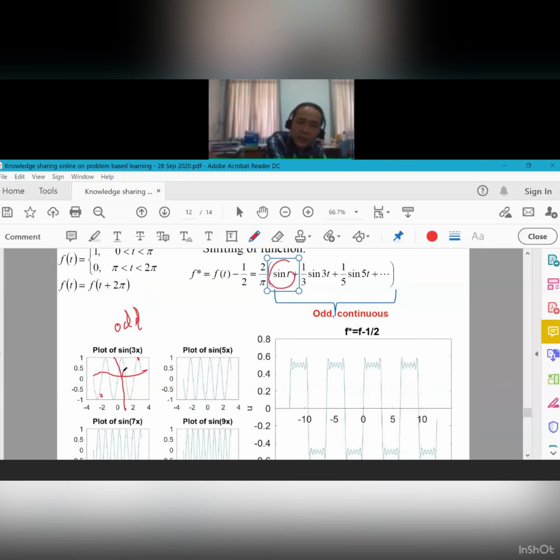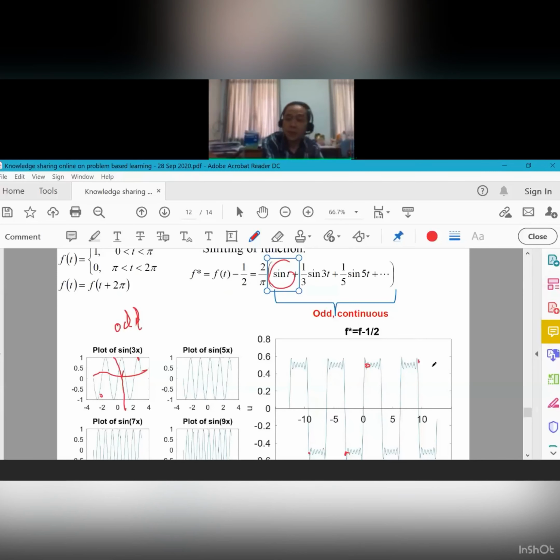So when this graph is odd function plus odd function plus odd function, all the odd functions multiplied with some coefficients, the result f star must be an odd function. That's why our graph is an odd function. This point will reflect through the origin to this point. We need to emphasize this.